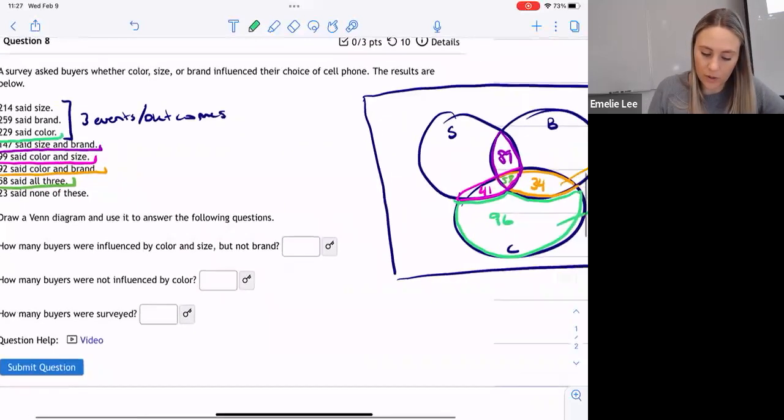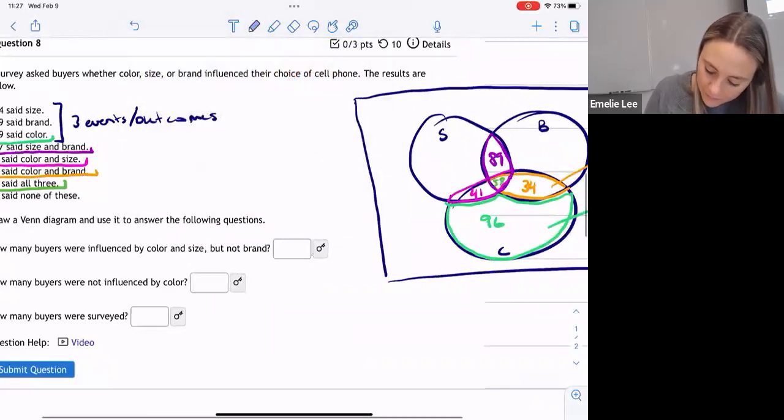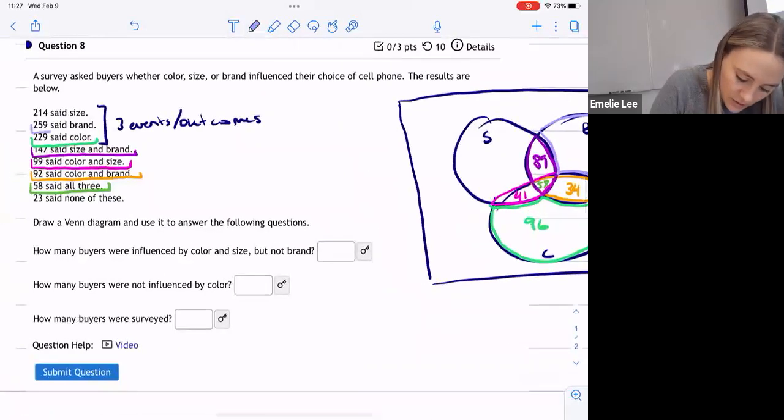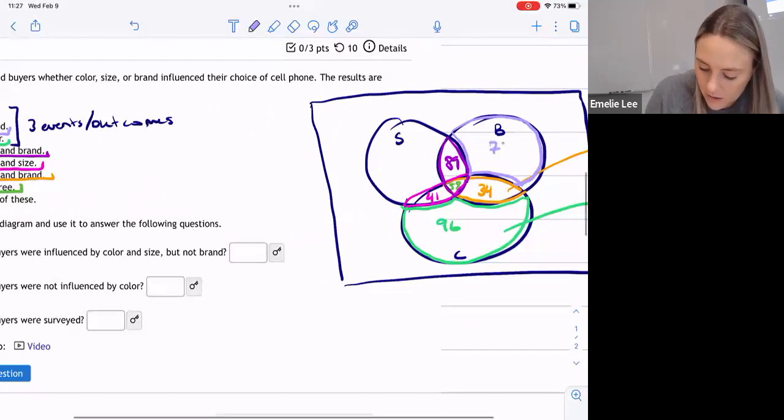Same thing for just the brand one. Let's see here. Light purple, maybe. Gonna run out of colors. 259 minus 89, helps if I type it in right, minus 58 minus 34, 78.